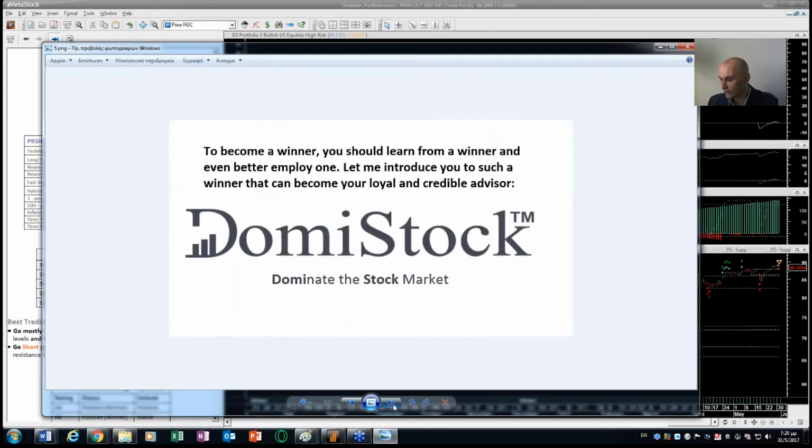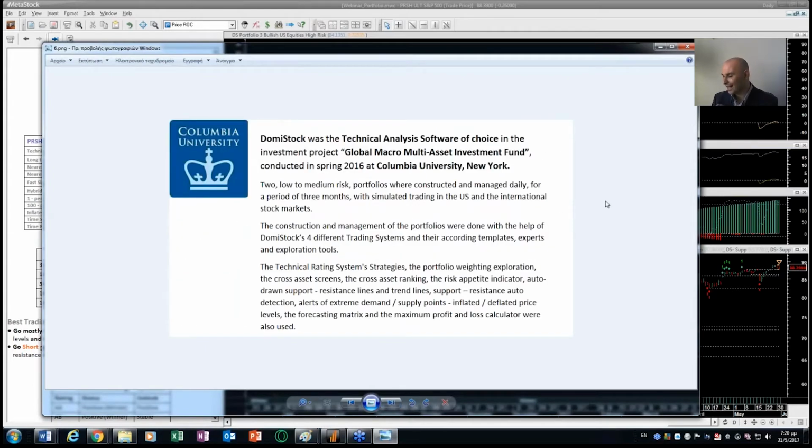Now, DomiStock has gained very much accreditation by huge universities like Columbia University, the financial engineering department.